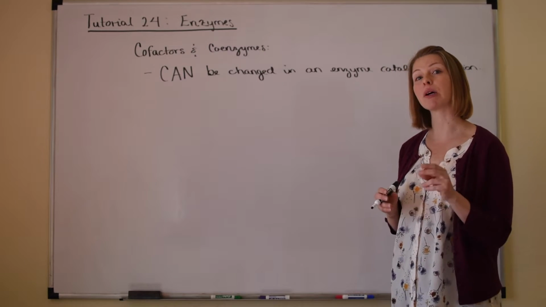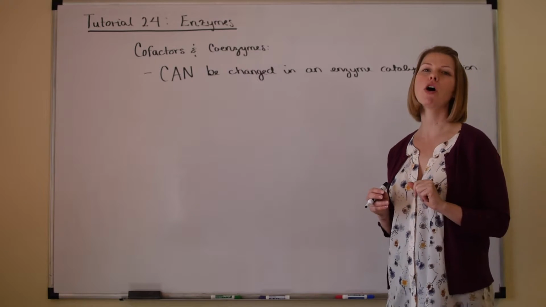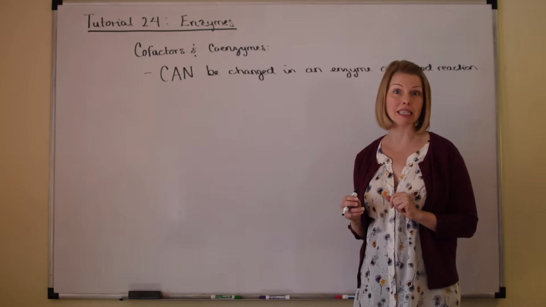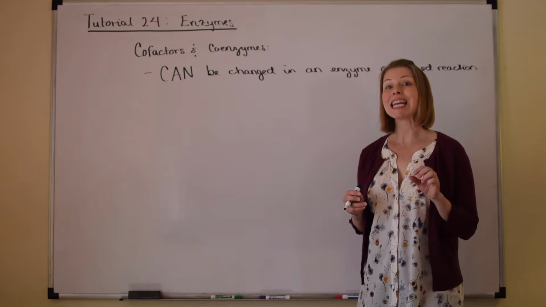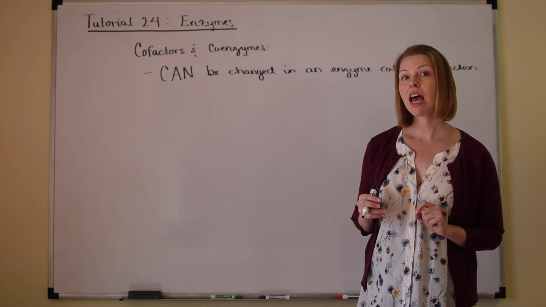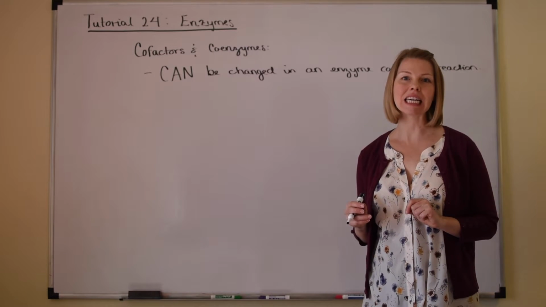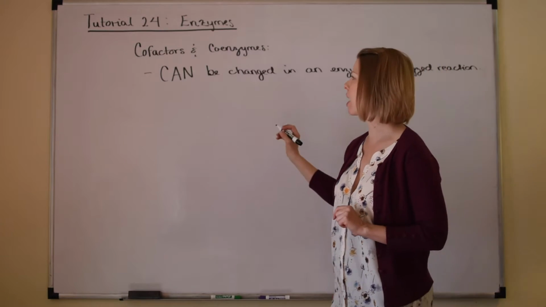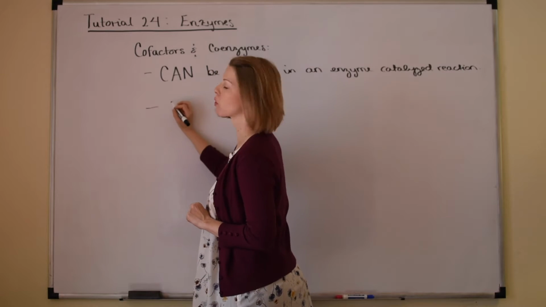Two coenzymes that we are going to see a lot of when we get to metabolism include nicotinamide adenine dinucleotide and flavin adenine dinucleotide. So I'm going to go ahead and write those up on the board right now.